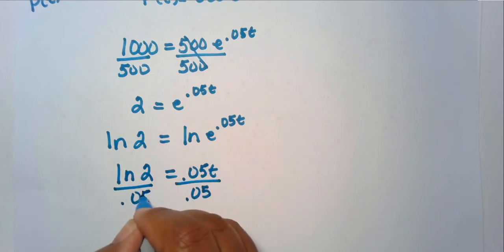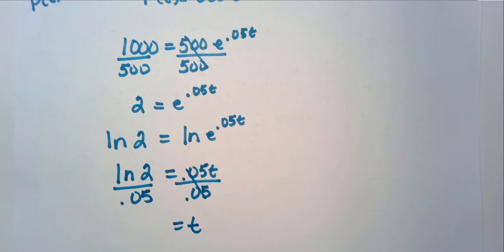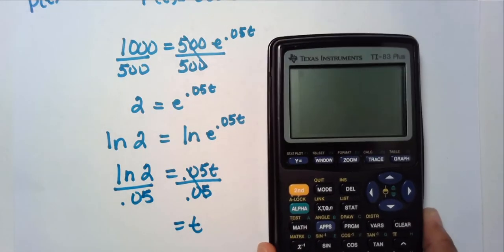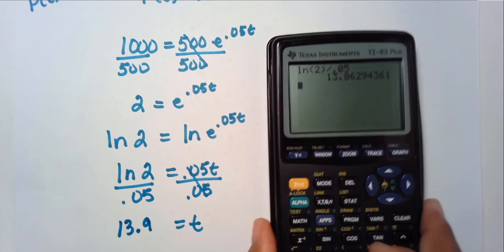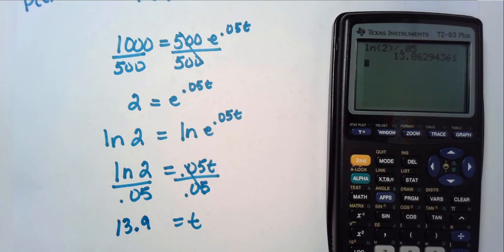And we have t is equal to, so let's enter this into our calculator. ln of 2 divided by 0.05, and we have 13.86294361, and we're going to round to the nearest tenth for our answer, and this rounds to 13.9. So when will the population reach 1,000? That would be 13.9 days. There we go.